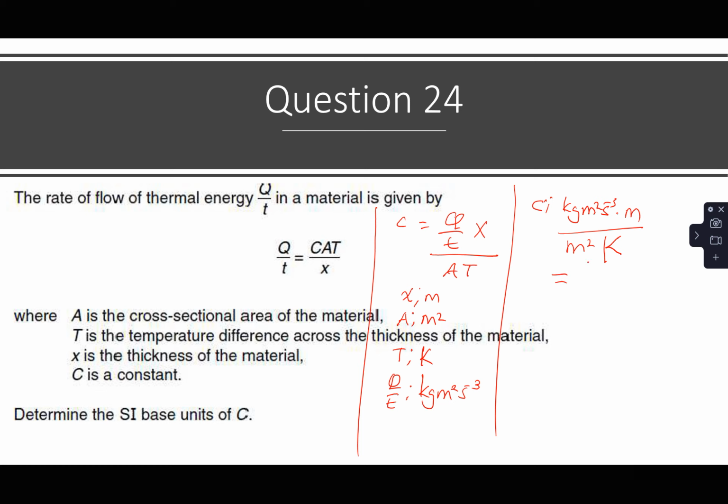When we simplify this, this can cancel with that one. So you remain with kilogram meters per second cubed per Kelvin. So those will be the base units of C. I hope the algebra is simple. Let's continue.